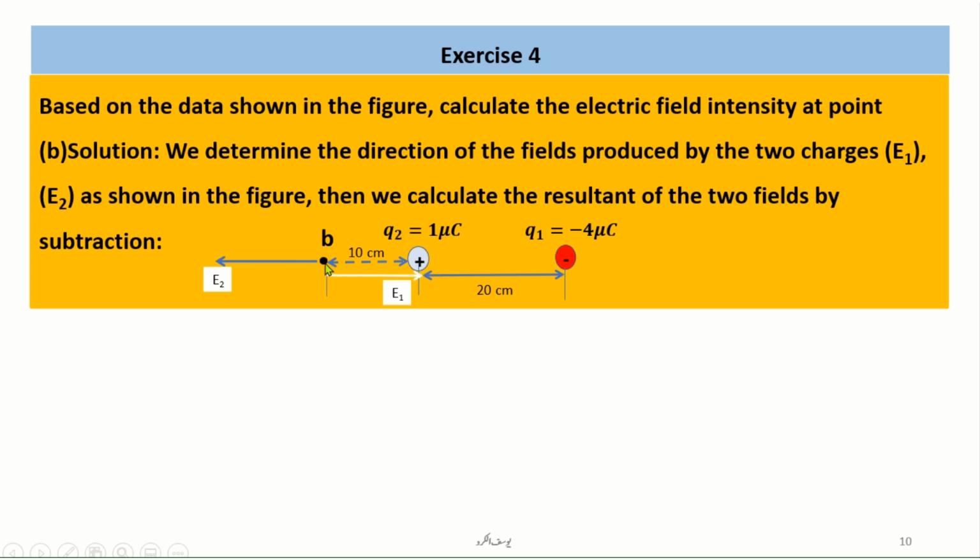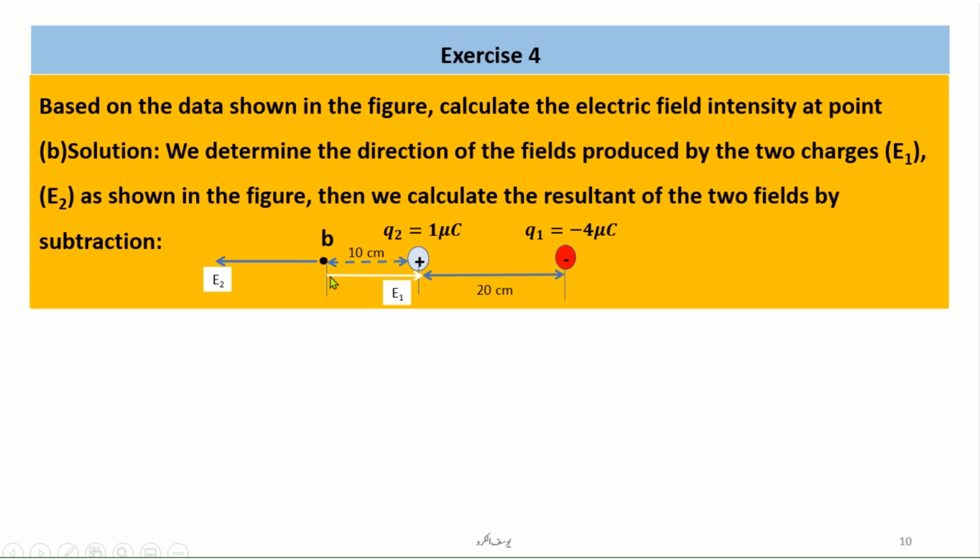The distance between charge 1 and charge 2 is 20 centimeters, and the distance between the positive charge and point B is 10 centimeters.